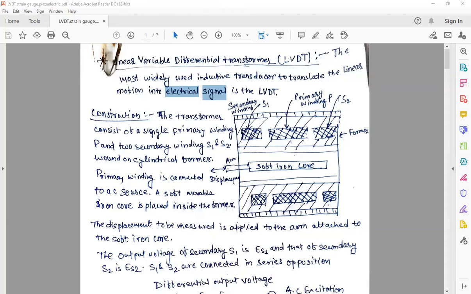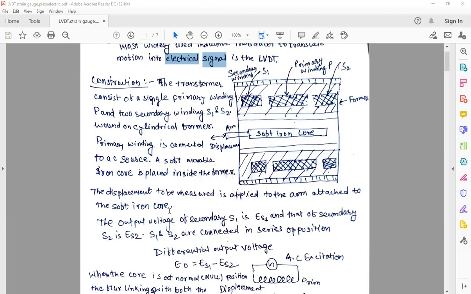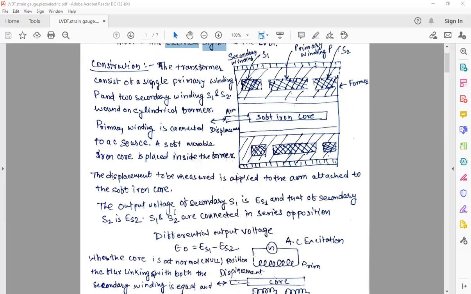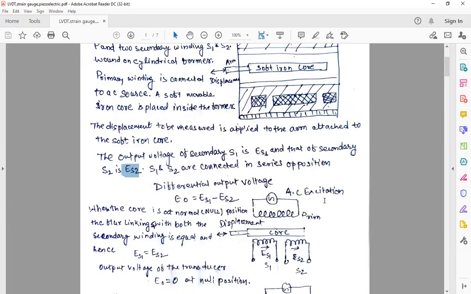The primary winding is connected to the source and the soft movable iron core is placed inside the former. The displacement to be measured is applied to the arm attached to the soft iron core. Suppose the output voltage of secondary winding S1 is ES1 and of secondary winding S2 is ES2, with S1 and S2 connected in series opposition.